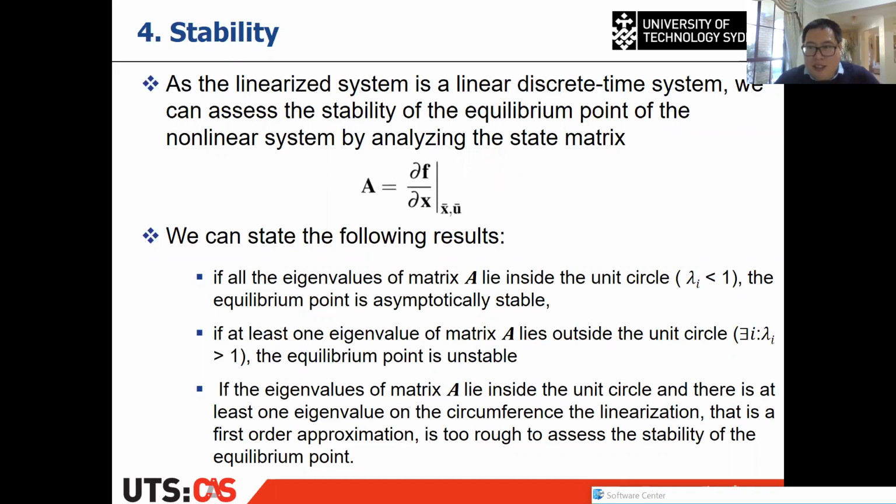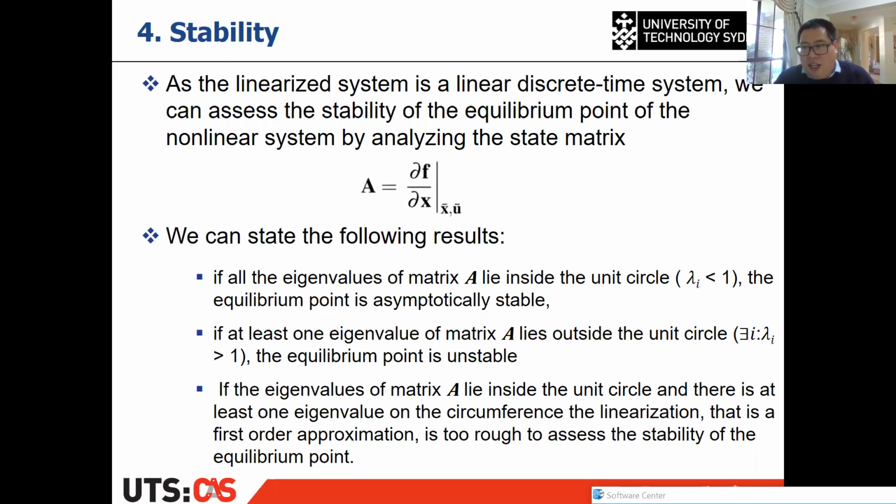So that's the stability. And that also comes back to the definition of stability in the nonlinear case. If you remember, in the linear case, stability means the state will converge to 0. That is stable, right?